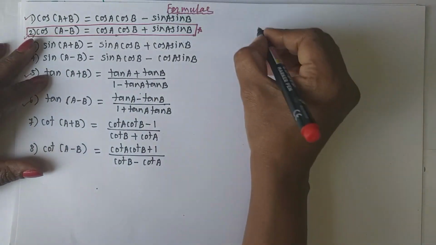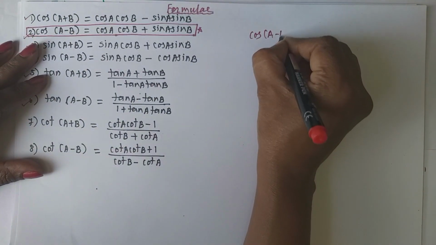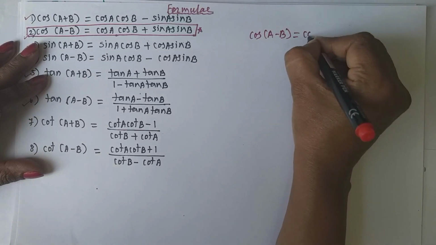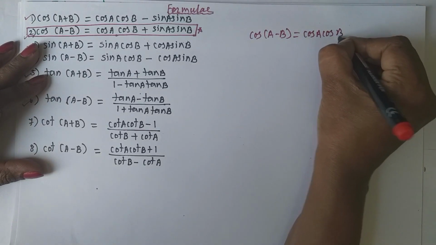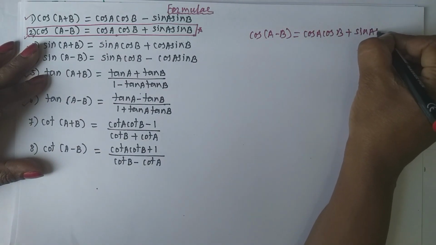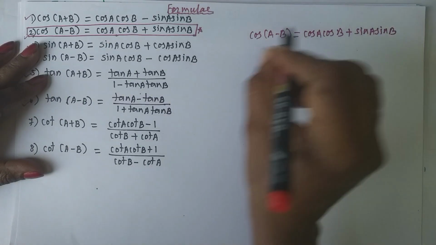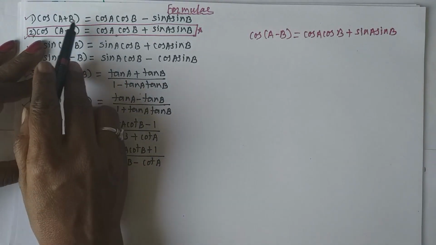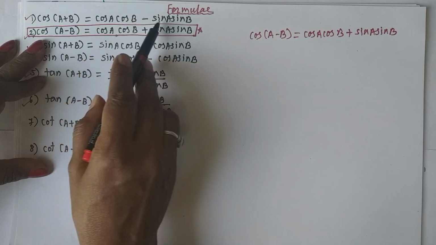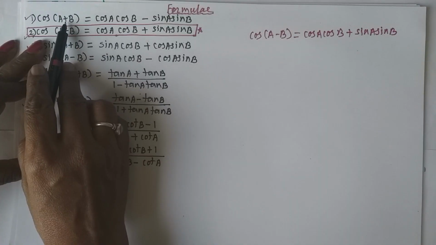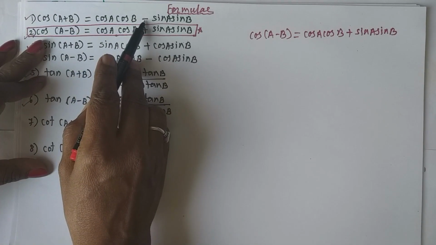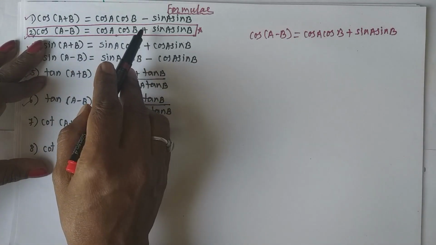See here, this cos(A−B) is actually cos A cos B plus sin A sin B. And what is the formula for plus? For plus also, here is cos A cos B, here is sin A sin B. But for plus, here is minus sign, and for minus, here is plus sign.